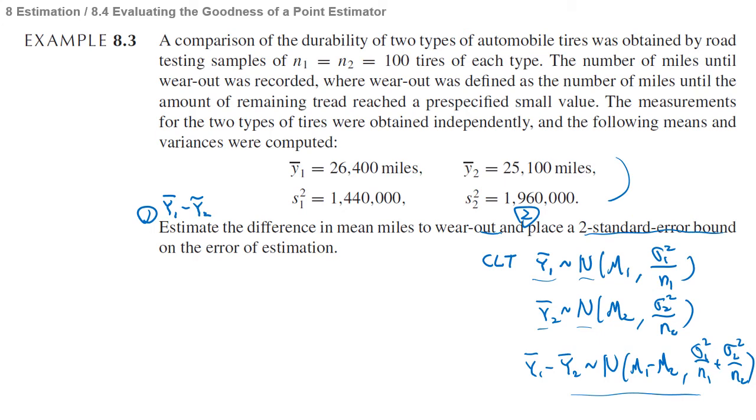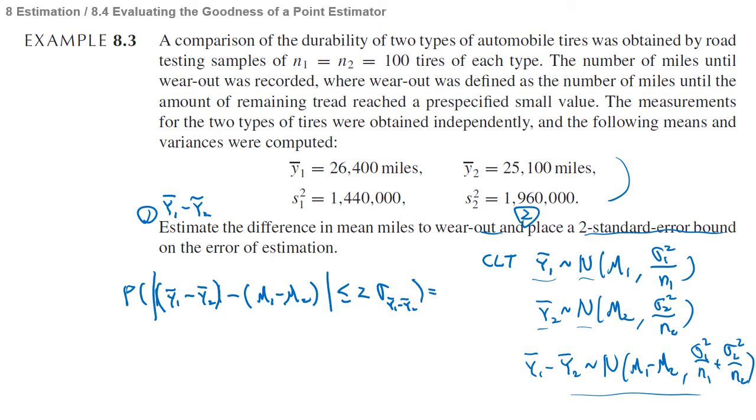So for the probability of Y1 bar minus Y2 bar minus (mu1 minus mu2), it can be bounded by two standard error estimates for Y1 bar and Y2 bar.